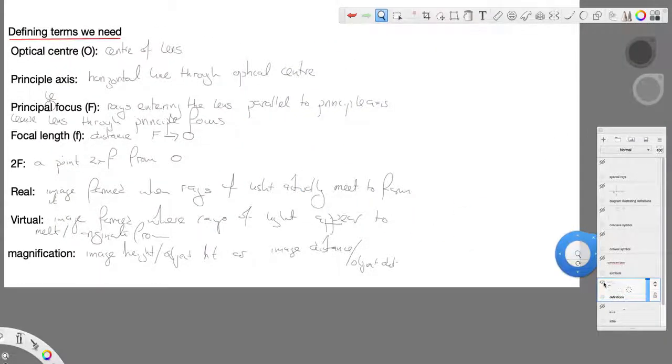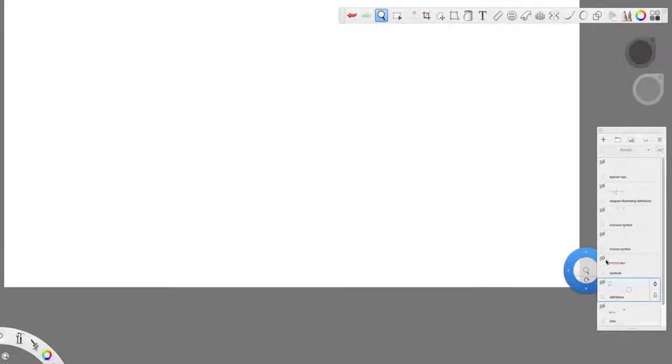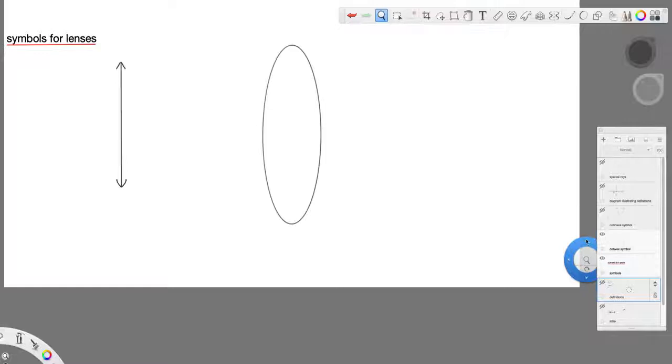So moving on from the key terms then, let's look at the symbols. There are two kinds of lens and there are two symbols. So this is what a convex lens might actually look like. You can imagine that in 3 dimensions.